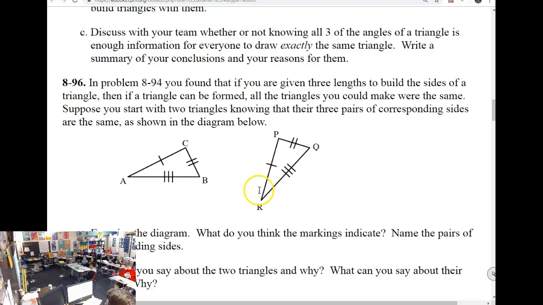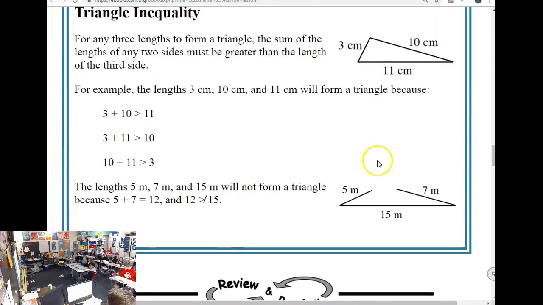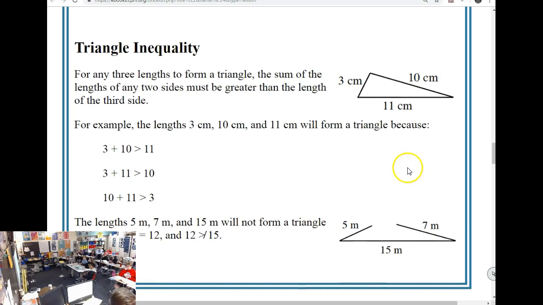So let's try this. Right here, your math notes box, I want to start doing better about making sure you put some focus on this. If you put your biggest side down first, so if you want to try this, put down a 7 centimeter side on your paper.